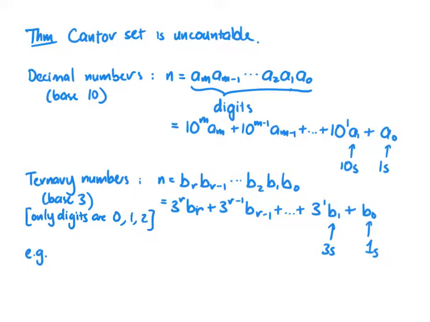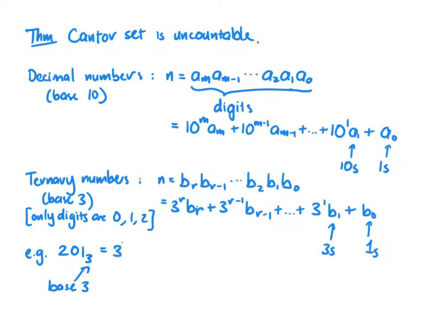Okay, so for example, if I had the number 201 written in base 3, that subscript 3 tells me that I'm working in base 3. Then that's the 3 squared place.